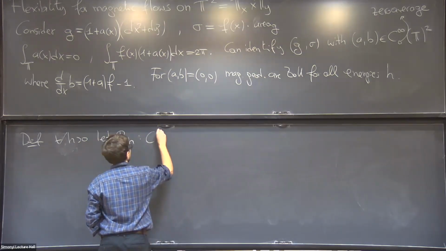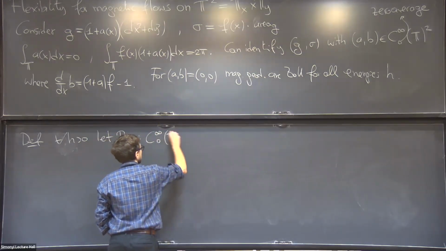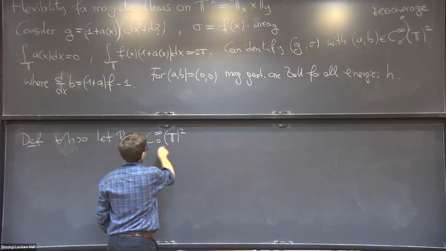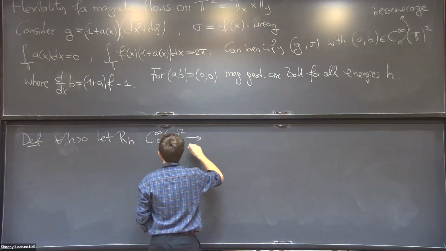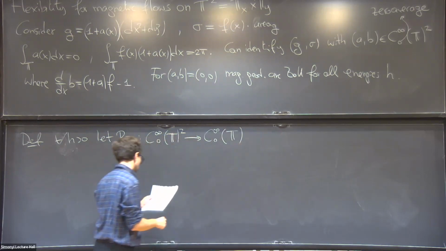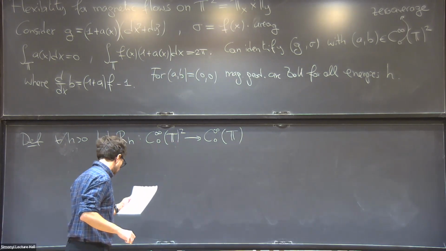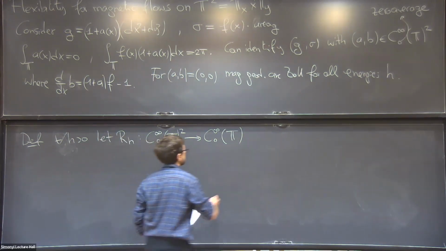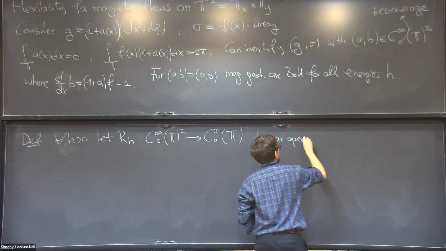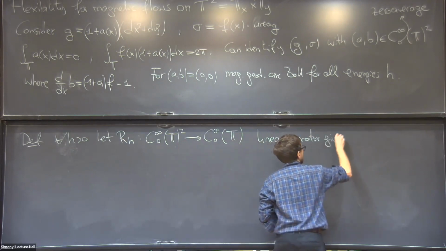So this will start from functions with average 0, and then we spit out a function with average 0. And so this is the linear operator given by R_H.